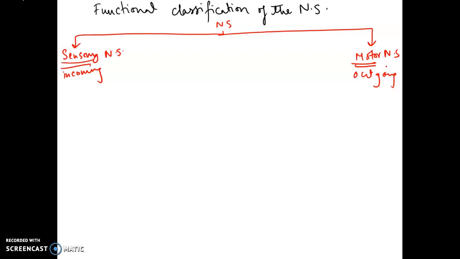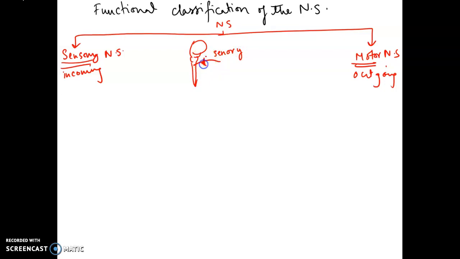So I'll draw a little picture here. So this is your brain, spinal cord, right? Information coming towards the brain and spinal cord. So this is sensory.